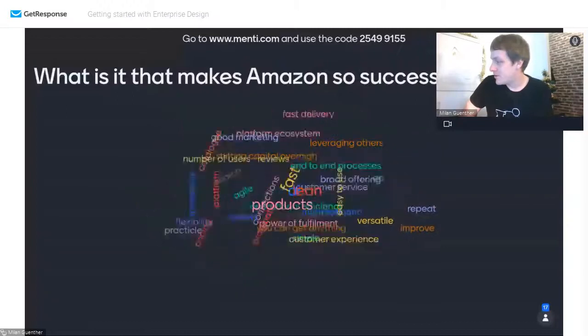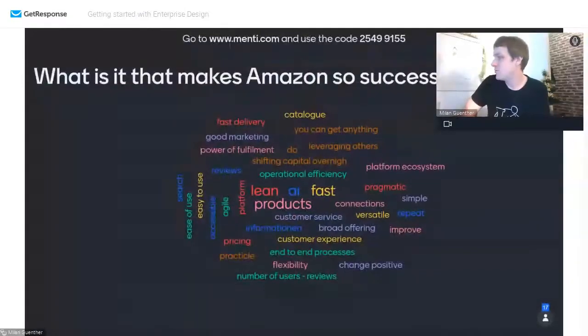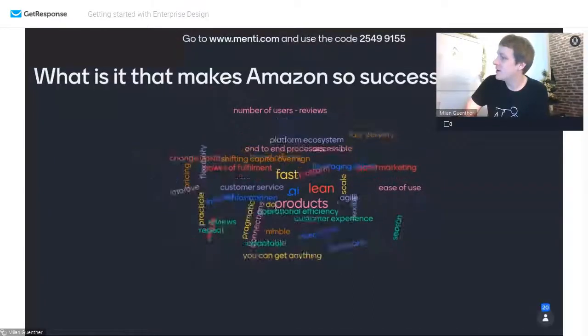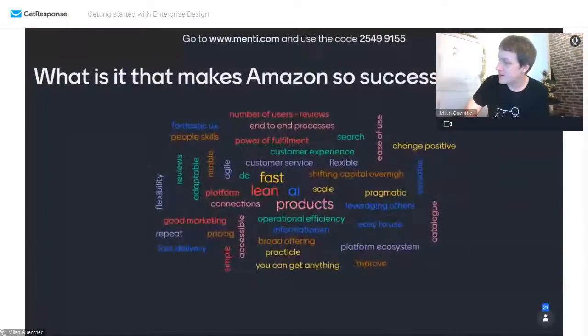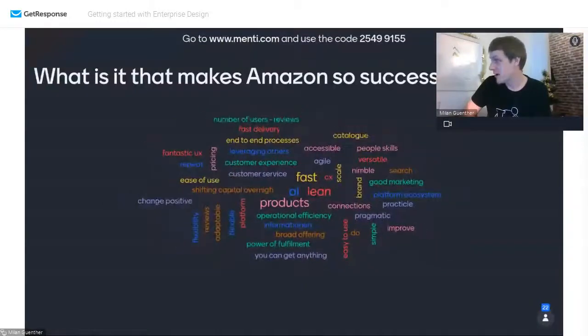The customer experience, the reviews, end-to-end processes, platform ecosystem. They improve continuously what they are doing. It's easy to use. You can get anything you want. They deliver fast. And so what we have in there is nimble, scale, all sorts of things.